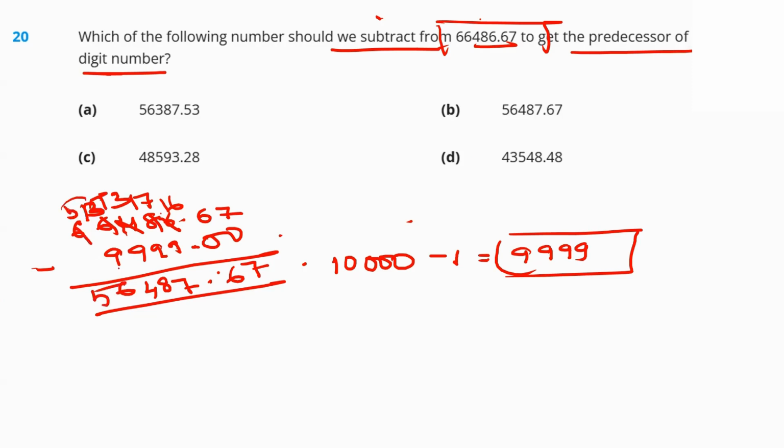That's 56,487. That is present in the options. That's present in option B.